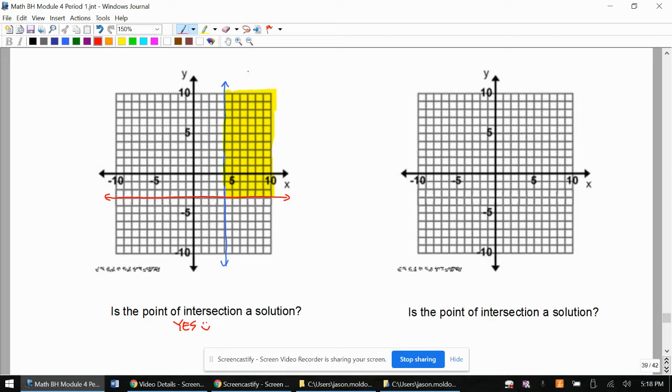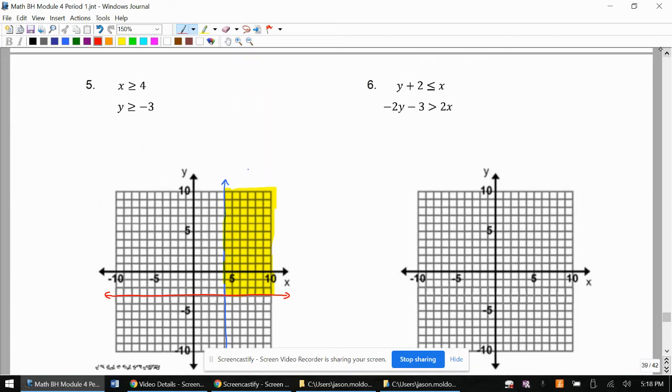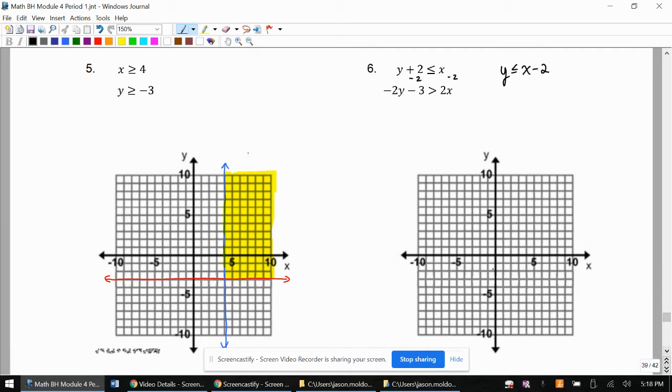Number 6, back to some non-vertical horizontal lines. If you're ready to try this one on your own, you can pause the video. And if I went too fast for number 5, feel free to pause it or rewind it. Let's isolate the first one. We have a y-intercept at -2 and a slope of 1.